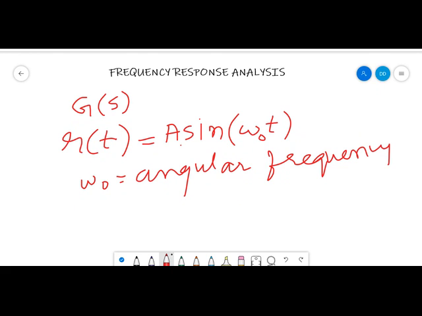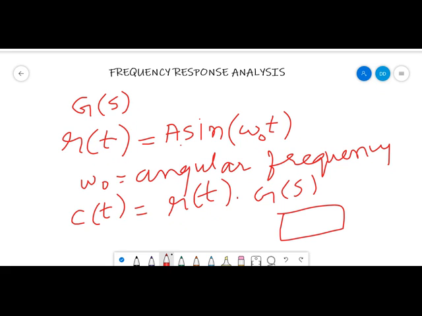Now, the response C of t is R of t multiplied with the transfer function. That means you have a system with transfer function G of S for which you have applied a signal which is R of t. We need to obtain what is C of t. So R of t multiplied by G of S will give you what is C of t.